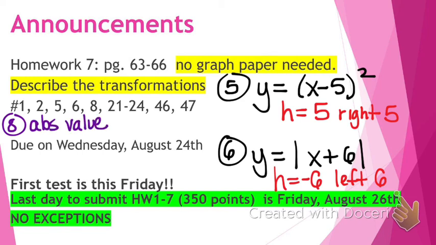So did it go to the left or did it go to the right? Left. How many to the left did it go? 3. So that means H is -3. So your equation would be y equals the absolute value. What would I put inside the absolute value? Would I put an x plus 3 or x minus 3? Not x minus, x plus. H is the tricky one.